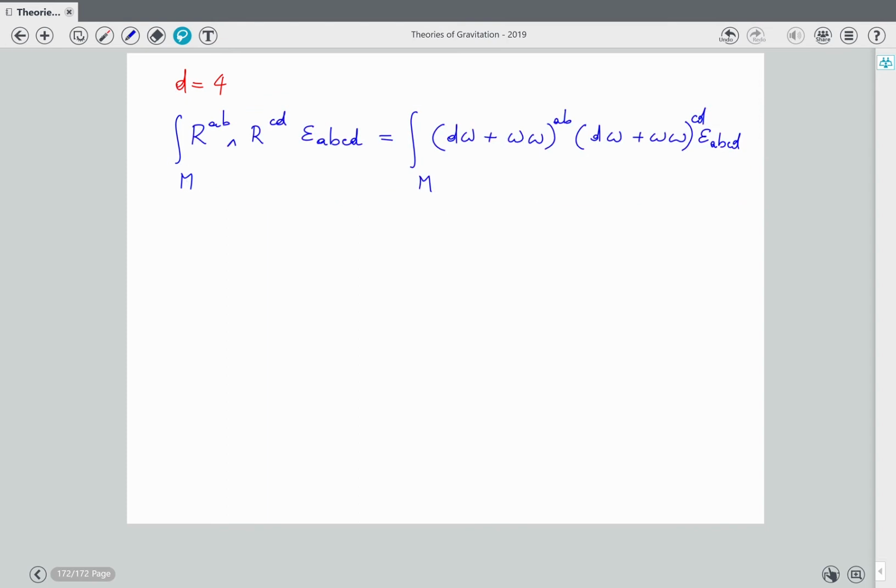The first one, d omega, is clearly a total derivative. That's easy. The second one is not so clearly a total derivative. There are two terms, omega d omega, but they are. And the fourth one, as in 2 dimensions, omega to the fourth is 0.